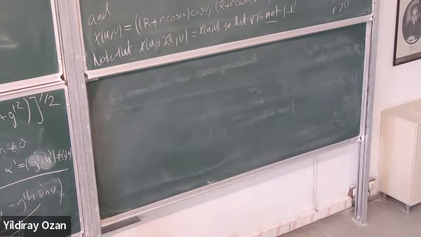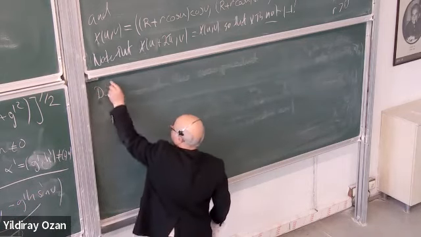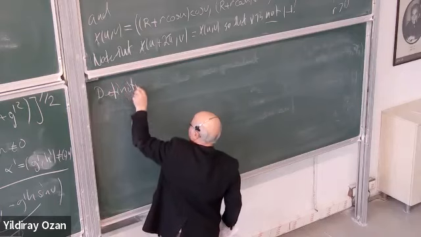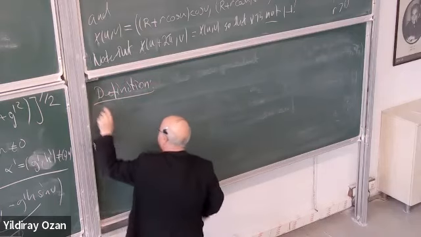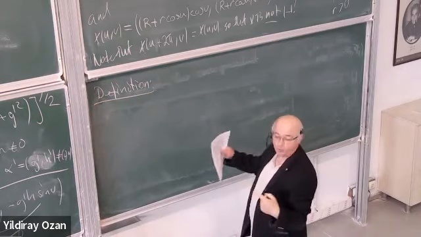All right, so what else? Okay, so we have so-called ruled surfaces. This is another type of surface.